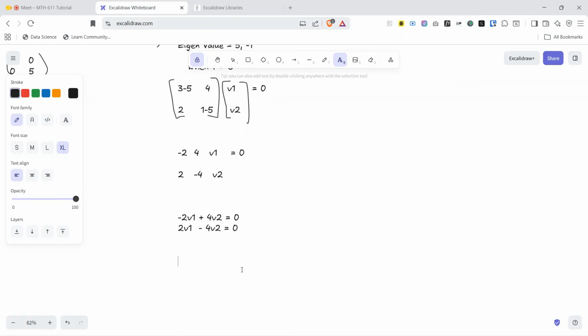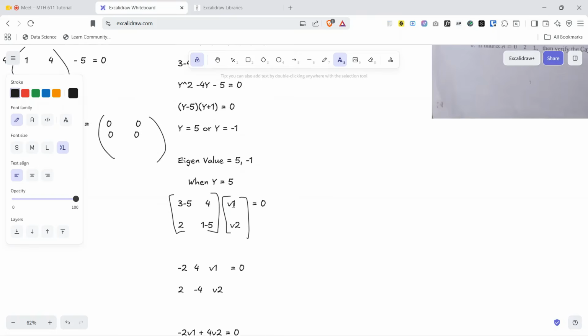To solve this, we have 2v1 equals 4v2, so v1 equals 2v2. That is when lambda equals 5.